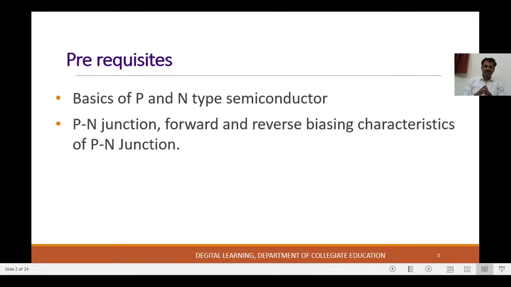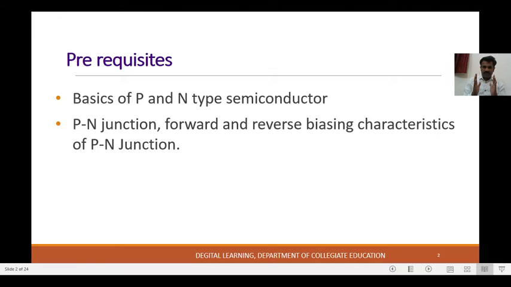In other words, if the p region is connected to the negative of the battery and the n region to the positive of the battery, the biasing of the p-n junction is considered to be reverse biased.